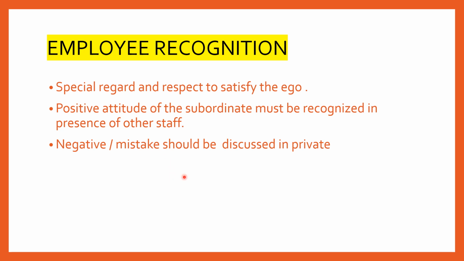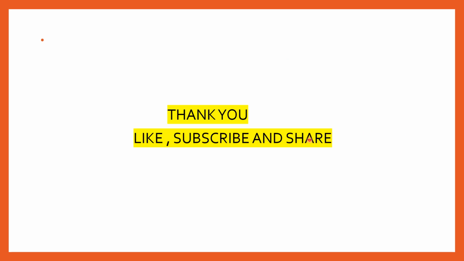No need to highlight them in front of everybody, because that will be detrimental for the worker as well as for the organization. So you have to recognize the employee as a very important worker, with positives being told to everybody and negatives discussed in the room, trying to get them to cut down on their mistakes.